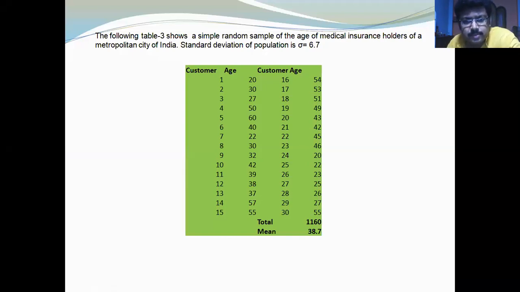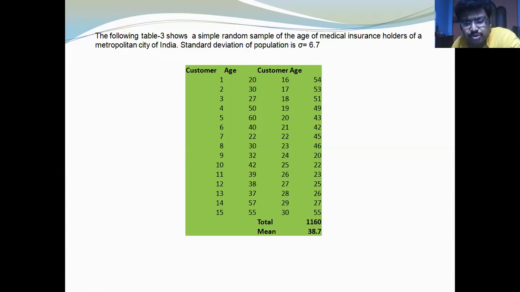Here is the table, and this table shows a simple random sample of age of medical insurance holders of a metropolitan city of India. And the standard deviation of the population is known to us, and that is 6.7.